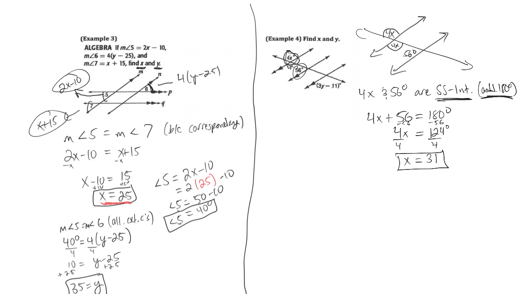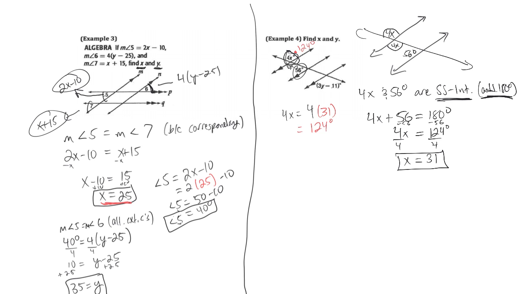So let's solve for this 4x angle. We said that x equals 31, so 4 times 31 will give us the degree here. 4 times 31 gives us 124 degrees.